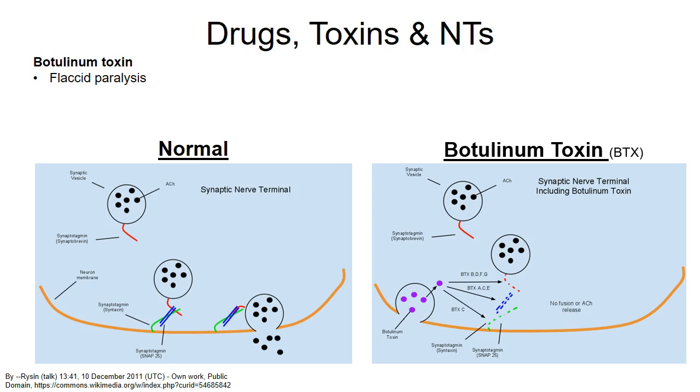What it does is degrade SNARE proteins, and if it degrades SNARE proteins, then we're not going to get that vesicle docking with the membrane to release neurotransmitters. So if this is happening at the neuromuscular junction, what neurotransmitter gets released from the motor neuron? What neurotransmitter is that?